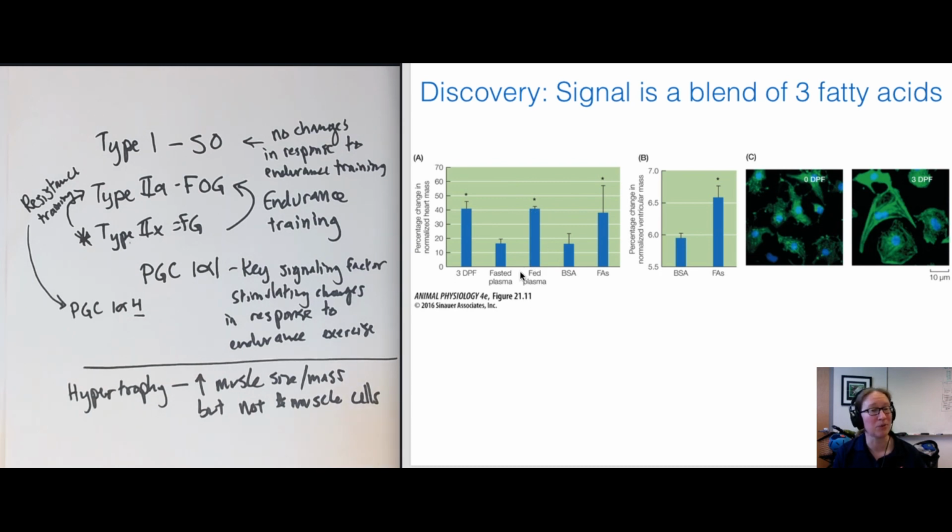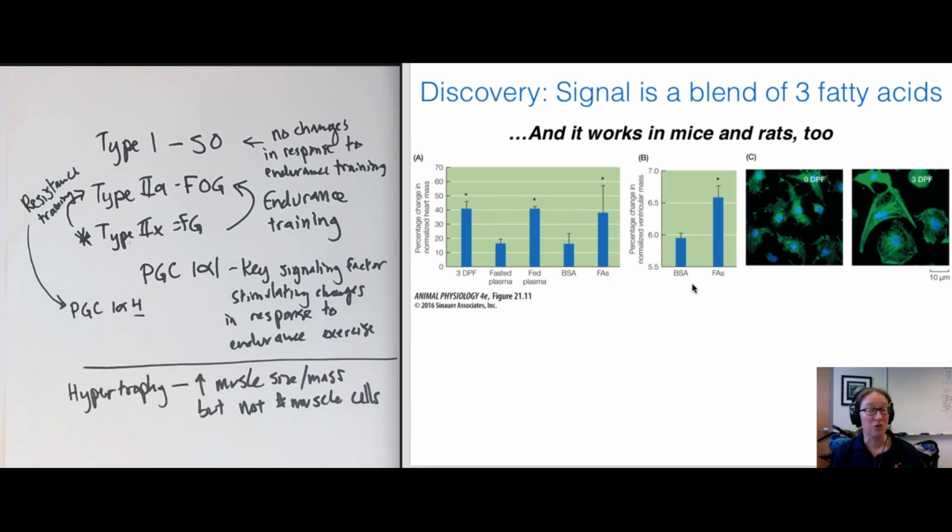So there's some signal present in blood plasma that's leading to this level of hypertrophy. If you inject pythons with just a vehicle, so this is a control treatment, you don't see hypertrophy. But if you inject pythons with 3 fatty acids that were derived from the plasma of fed pythons, you see the same type of response and the same degree of hypertrophy. So the figures here just again reiterate some of those changes.